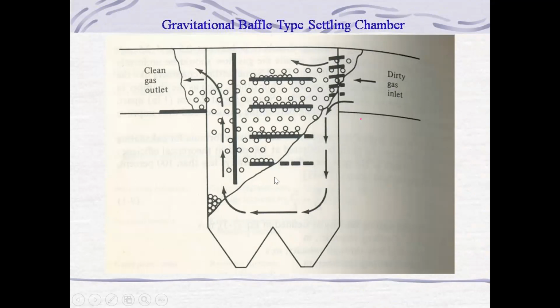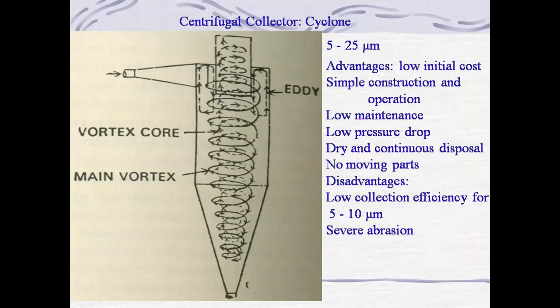Because of that, velocity slows down, and it is not possible for the particulate matter to rise up. Air naturally blows up, but the particulate matter starts falling down and can be collected at the bottom. So we are creating an obstacle in the path of the air flow, and that way we can control particulate matter using the gravitational baffle type settling chamber.